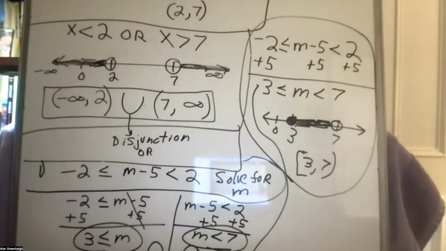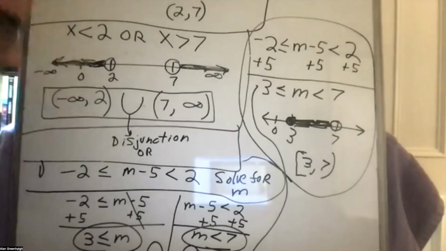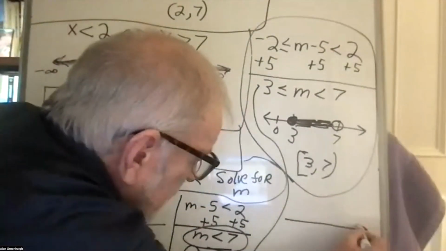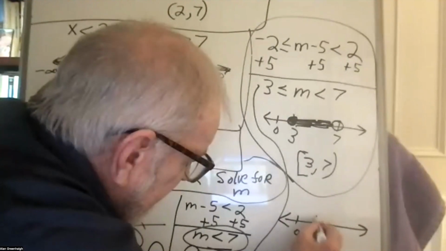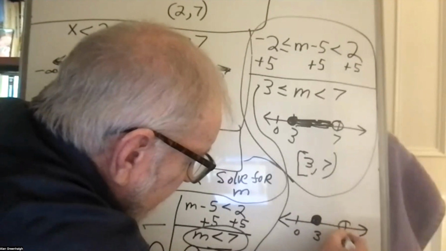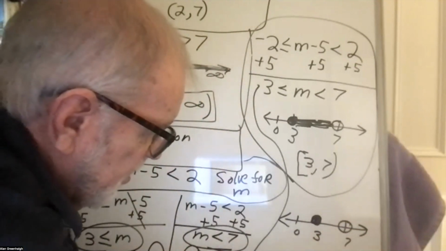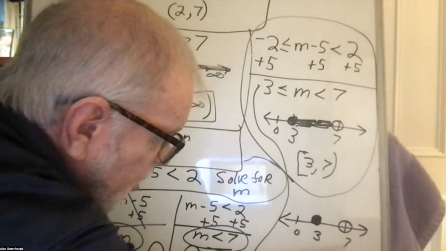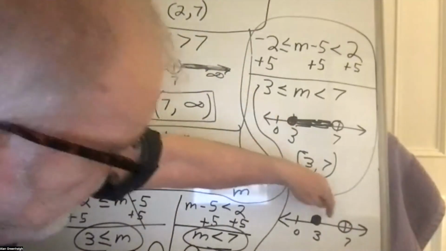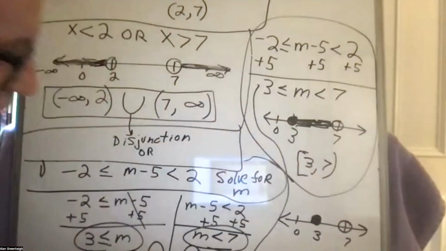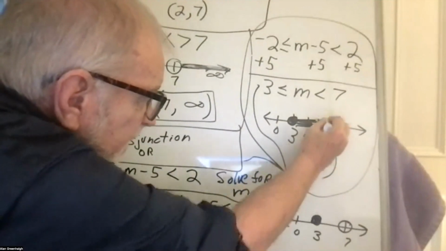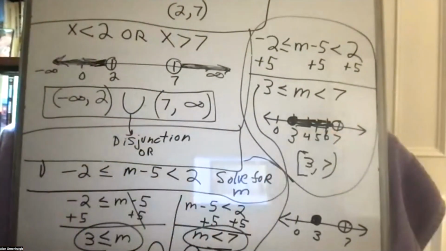Well, if you don't shade it, then you're basically saying there are two answers to this question: either M could equal 3 or M could equal 7. The shading is saying all these things in between are also the solution, like 4, 5, 6, 4.5.